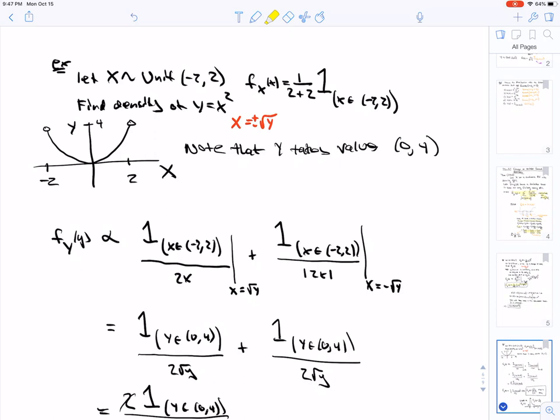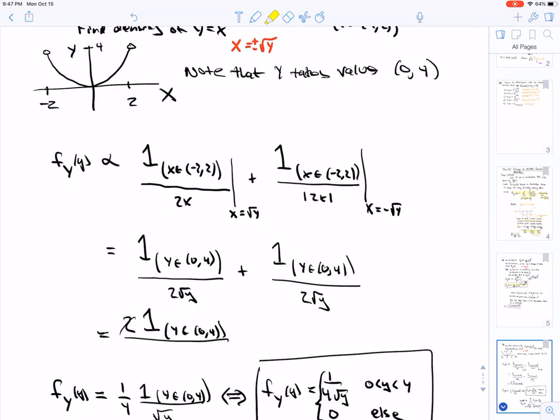So I'm going to have two terms in my change of variable formula. And the second term then is x is minus square root of y. I'm going to substitute in, and notice that I put in an absolute value here for the denominator because it's a density, it needs to be positive.